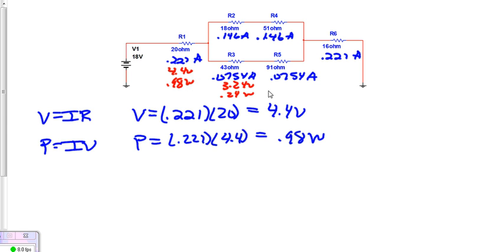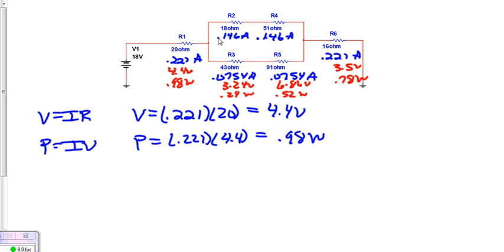And this resistor here is 6.86 volts and 0.52 watts. This resistor here is 3.5 volts and 0.78 watts.